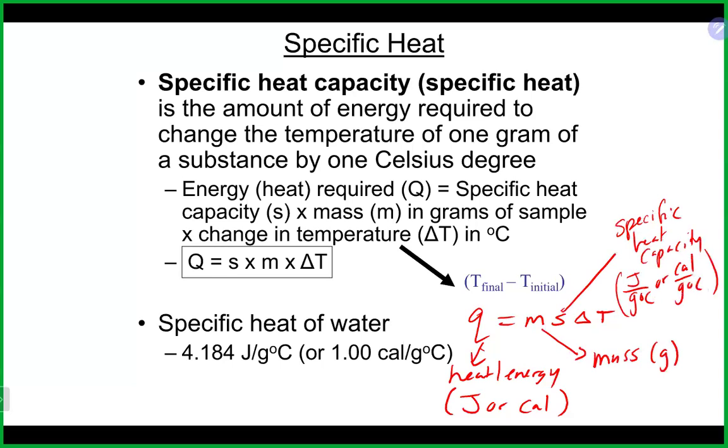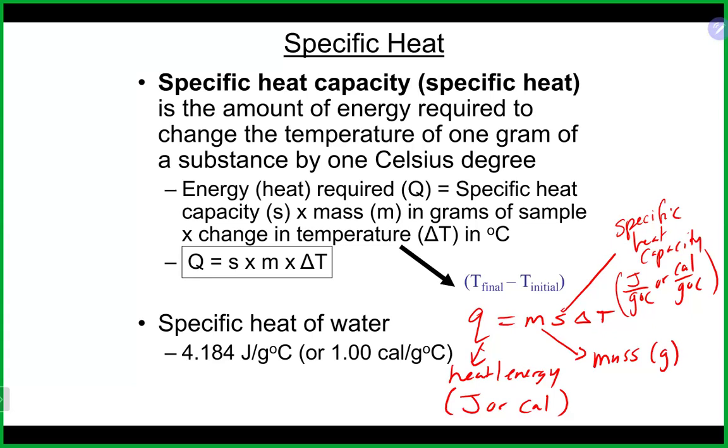Now let's talk a little bit about that S, which is specific heat capacity. It's very common when people do this equation that they flip those two things, the Q and the S. So the way to remember that is Q has 1 unit. The specific heat capacity has all 3 units that are involved.